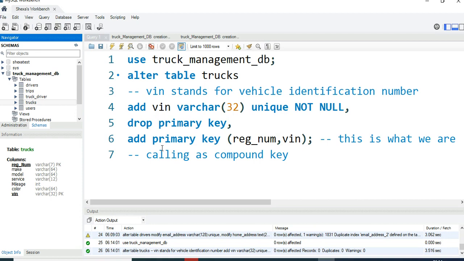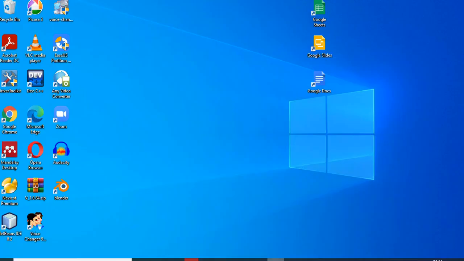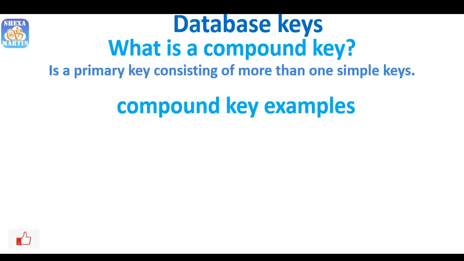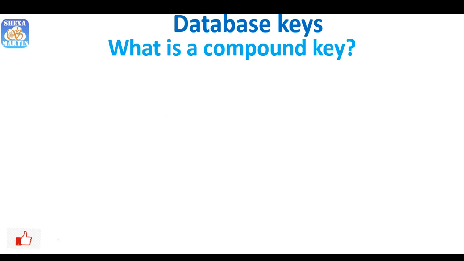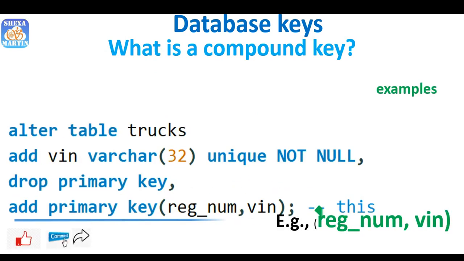So we are done with compound key. So that's the query that we have. A compound key example. So that's the query that we have executed on regnum and VIN. That's the compound key that we have. This is what you have defined.